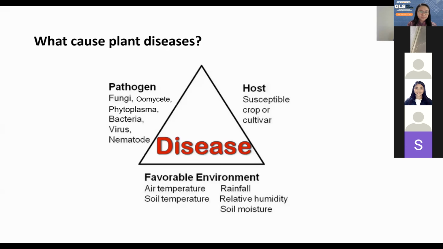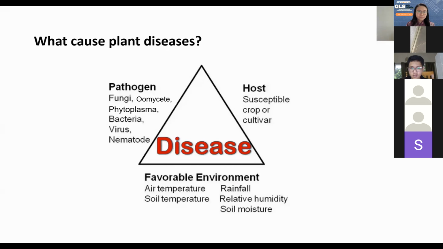One is the pathogen, the virulent pathogens that have the ability to infect and cause disease on plants. The second one is susceptible hosts, plants that are susceptible to infection by pathogens. And the third is favorable environmental conditions.